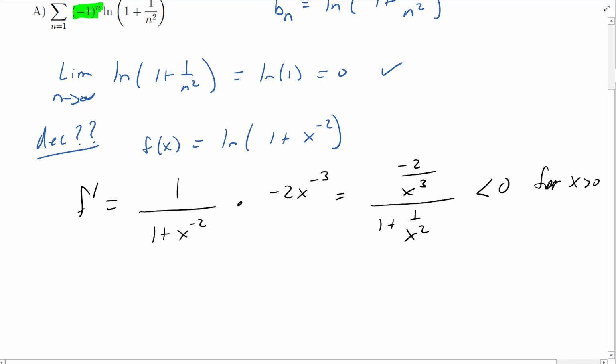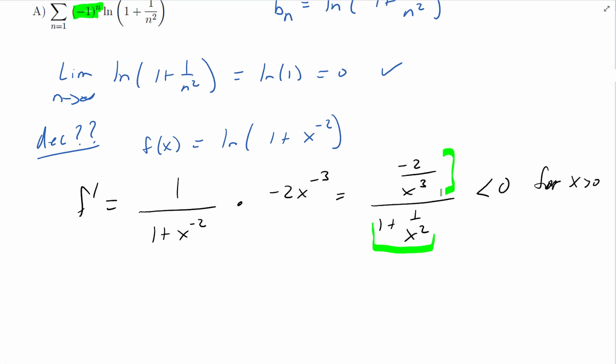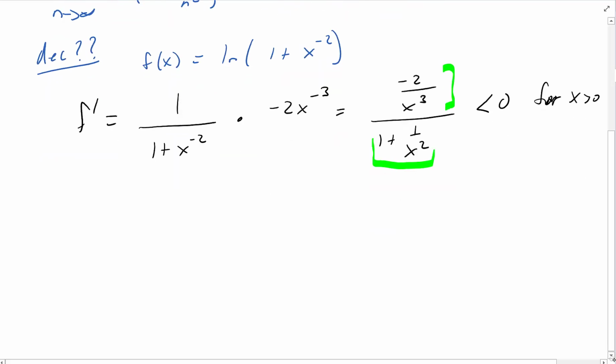Well, whenever x is greater than 0, you look at the denominator. This part right here, that's always positive. This numerator, when x is greater than 0, is going to be negative, so negative over positive gives us a negative result. And so at this stage, I have what I'm looking for by the alternating series test.